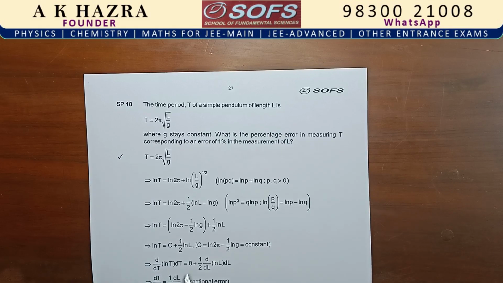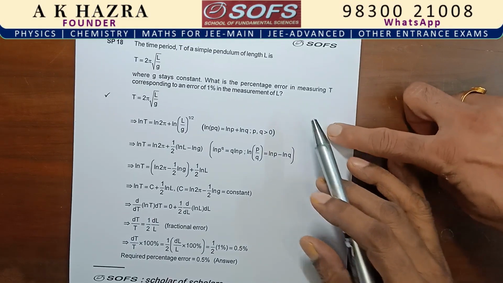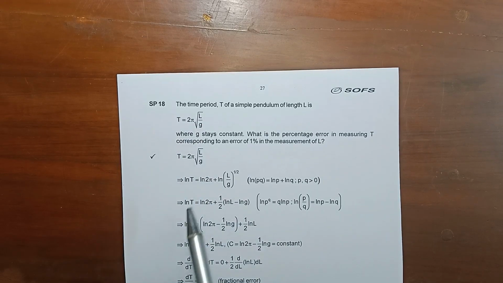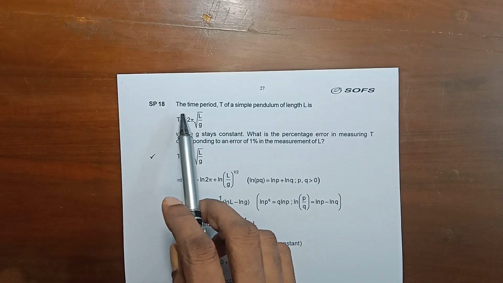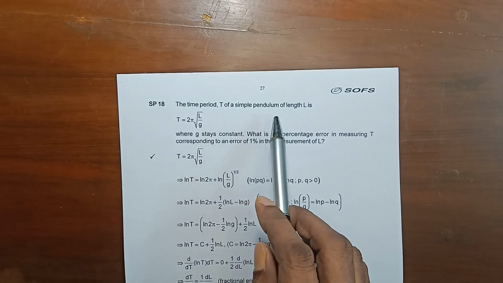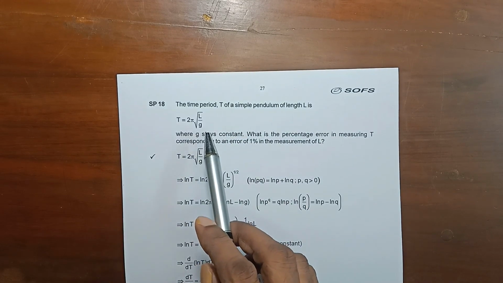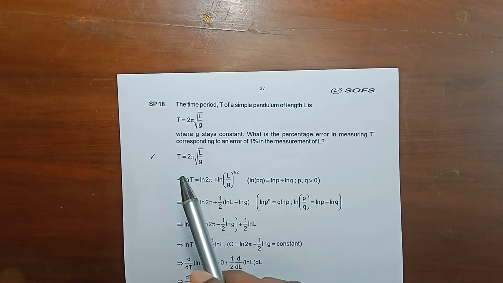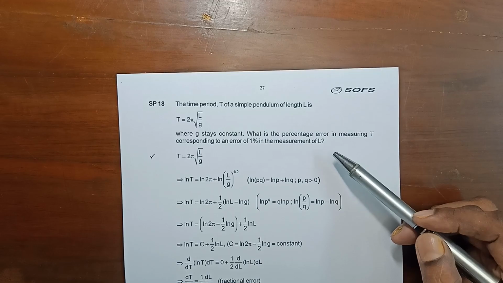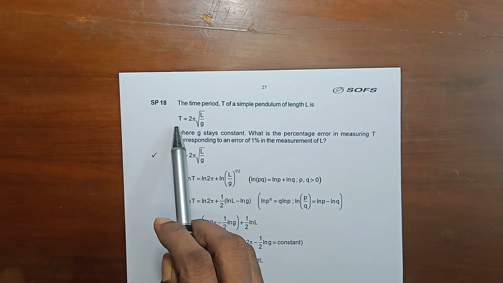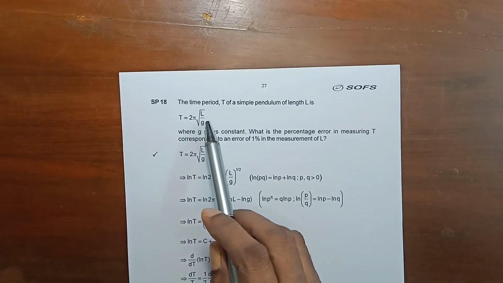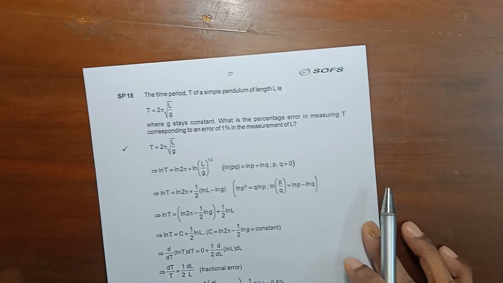In this way you can calculate the error, for example in the time period T if we have some error in measuring the length of the pendulum L. The time period T of a simple pendulum of length L is given, where g is a constant. We have to find the percentage error in measuring the time period T when the corresponding error in measuring the length L is 1%. Let us see.